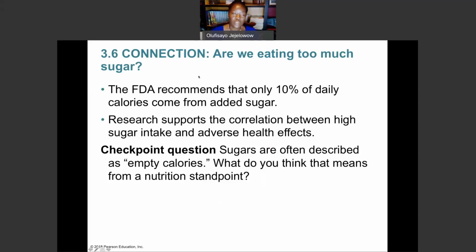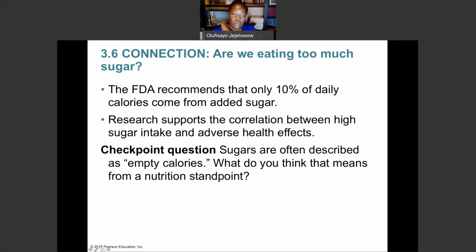Are we eating too much sugar? I will send you a video to watch on sugar and the impact on us. The FDA recommends that only 10% of the daily calories come from added sugar, but we are eating way more than that. And research supports the correlation between high sugar intake and adverse health effects.